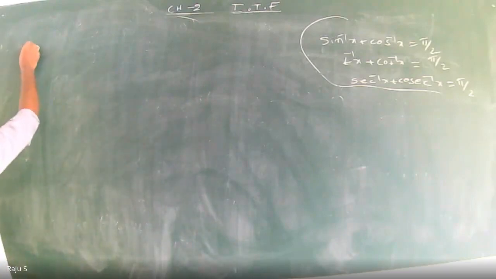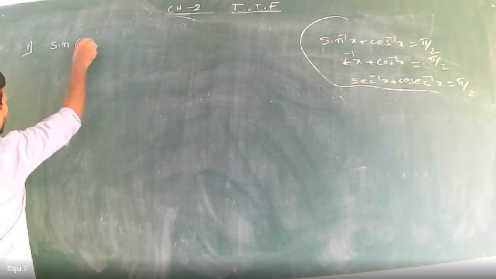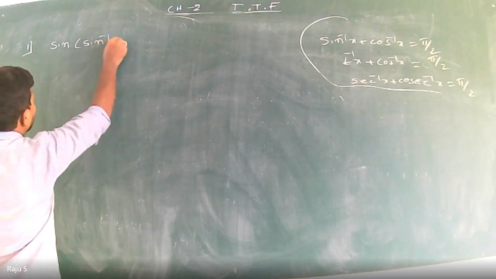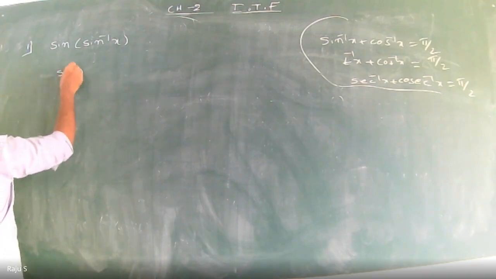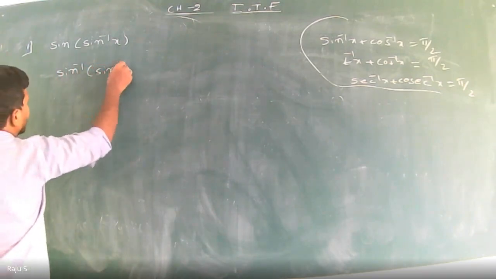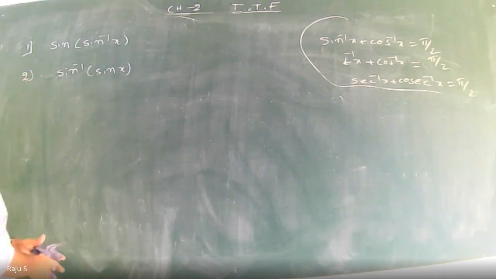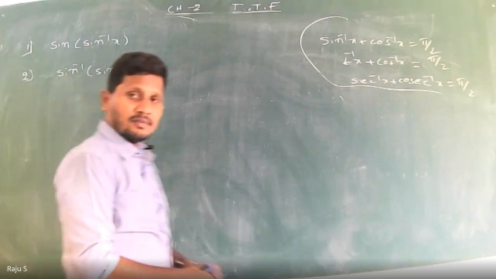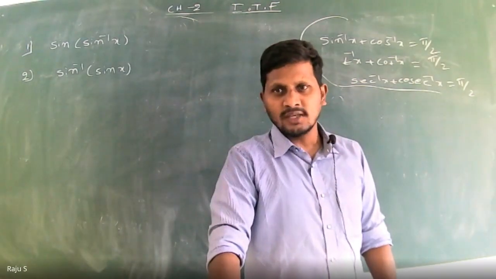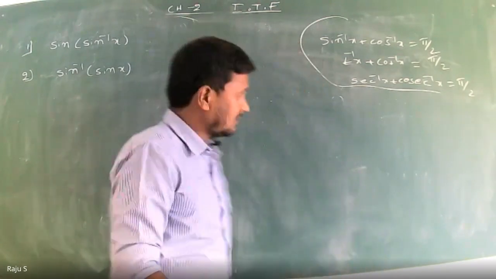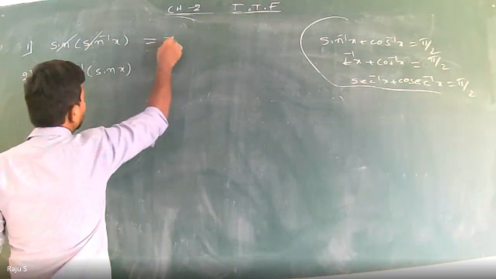I'm going to ask one question. Is sine of sine inverse x equal to sine inverse of sine x, or is there any difference? Here sine inverse and sine cancel, and the answer is x.